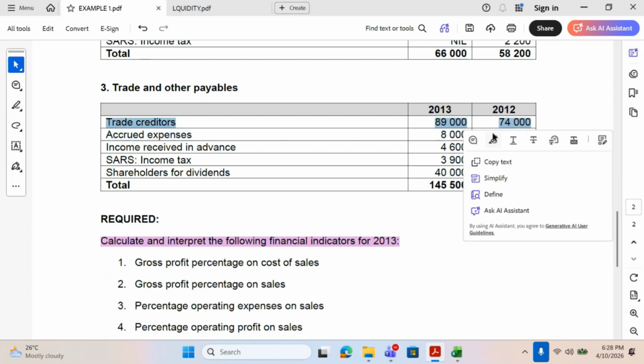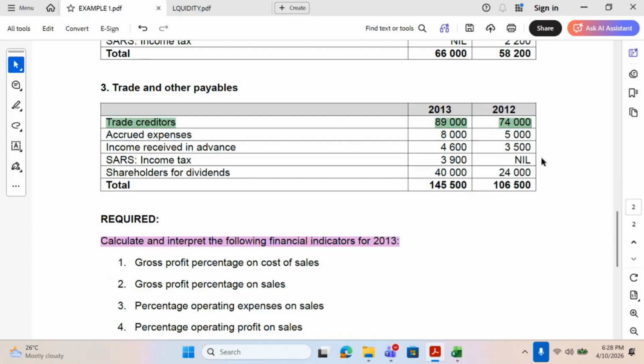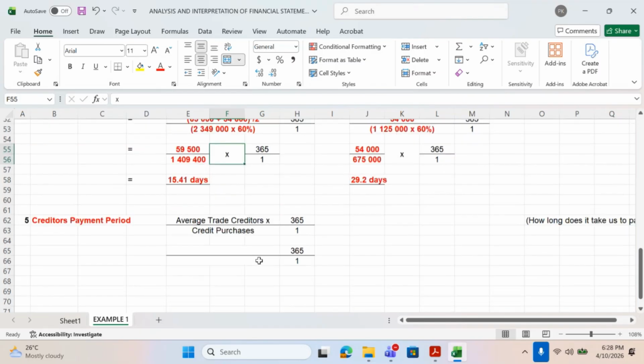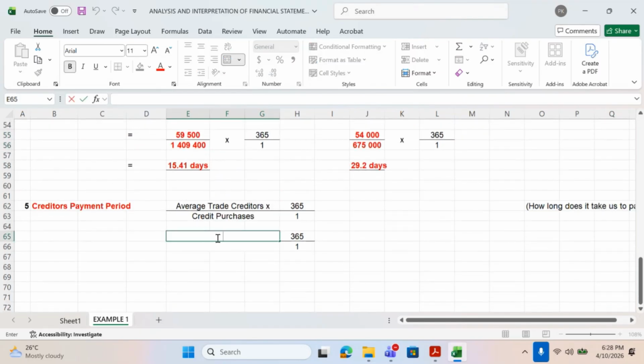For the current financial year, 89,000, and the previous year is 74,000 rands. So I'm going to say 89,000 plus 74,000 rands, then I divide this by 2 because I want an average.